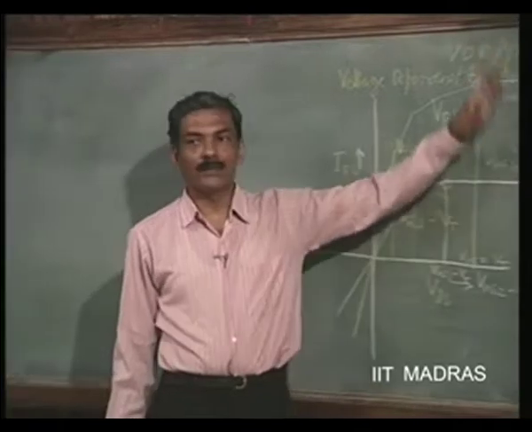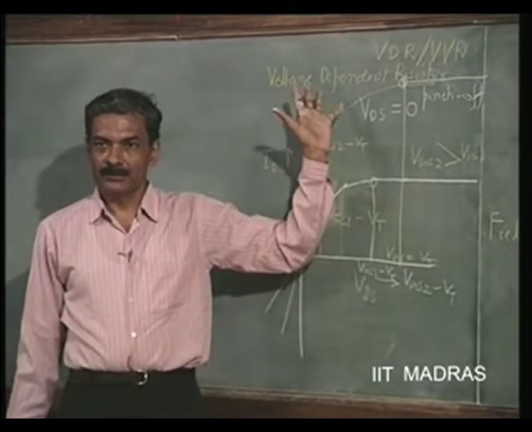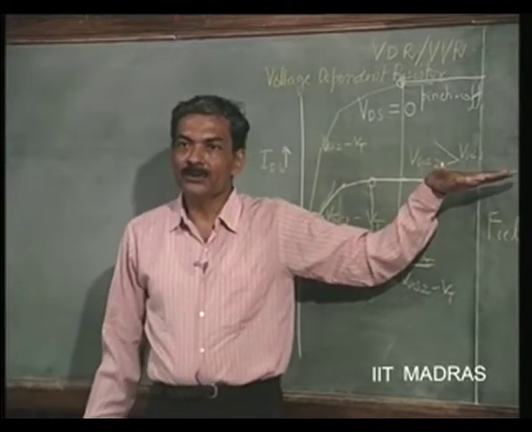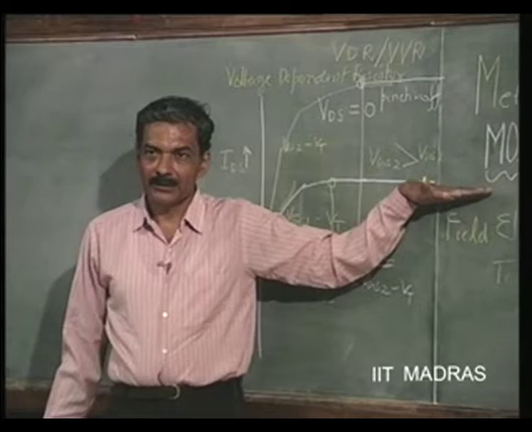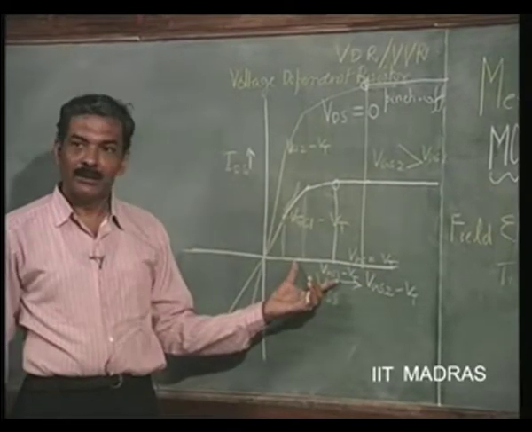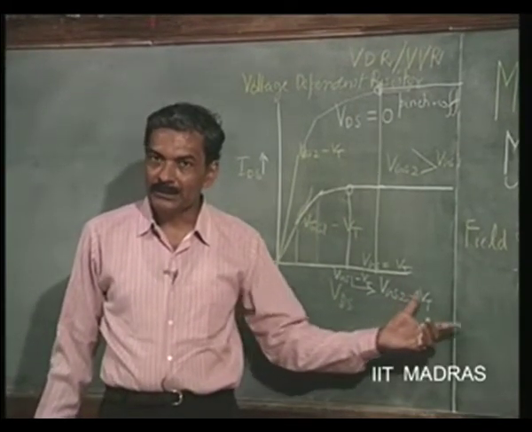So, this is called the FET action. What is FET action? Causing it to pinch off and letting the current go to saturation. That will happen corresponding to VDS, okay, greater than VGS minus VT.